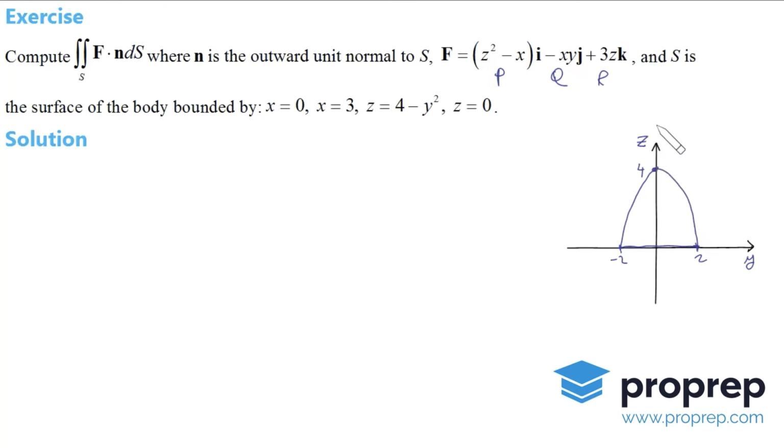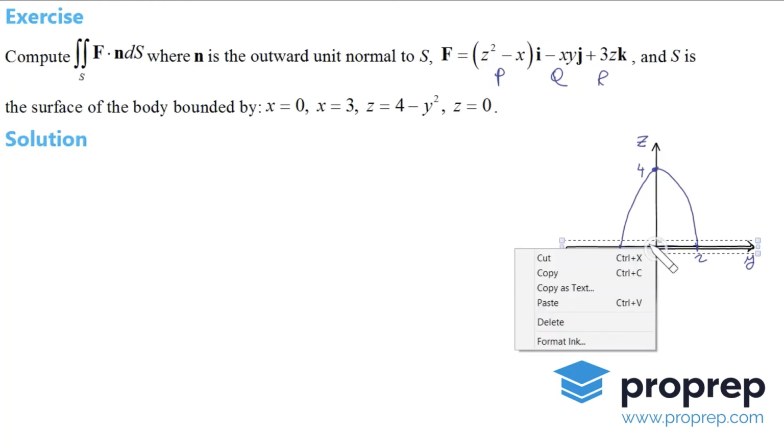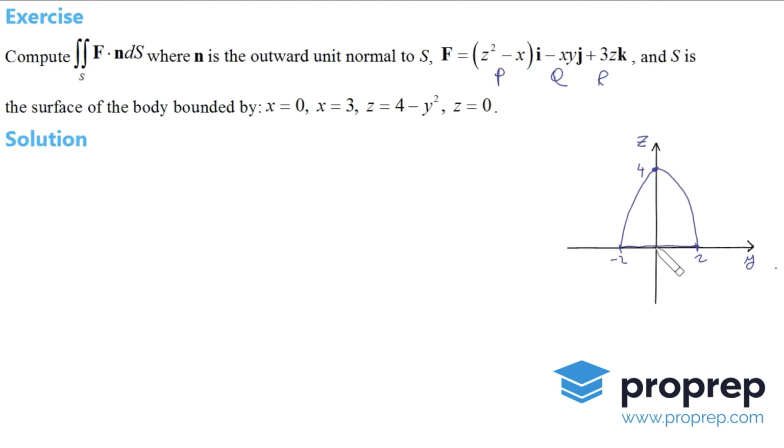In fact, it would be the same intersection in any plane where x is constant. This happens to be where x is 0. X goes from here out. It goes above, out of the paper, so to speak, and so it has a thickness of 3, but it looks the same everywhere.